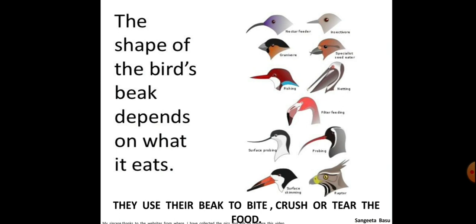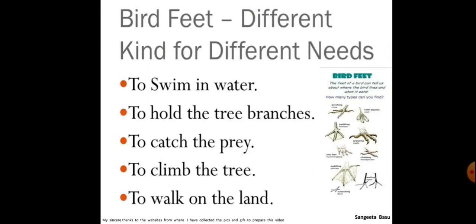They use their beak to bite, crush or tear the food. We also learned that birds have different types of feet. The feet of the birds are used for different needs, like to swim in the water, to hold the tree branches, to catch the prey, to climb the tree, to walk on the land.